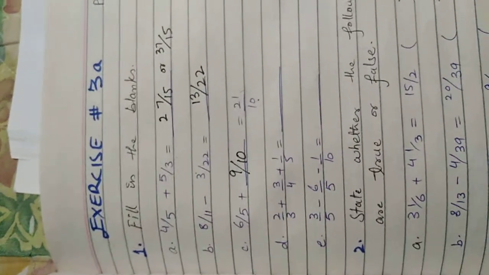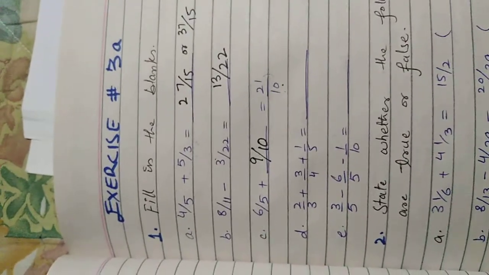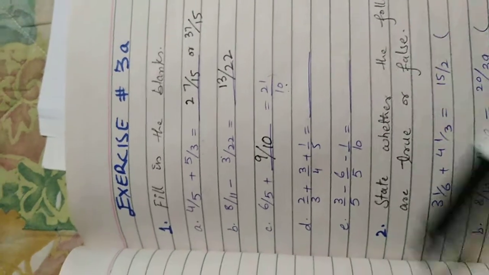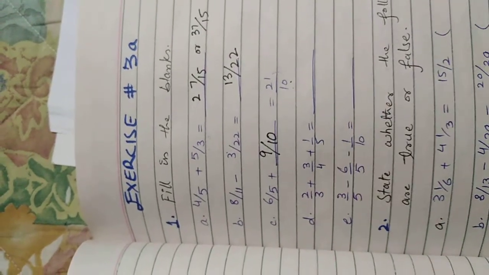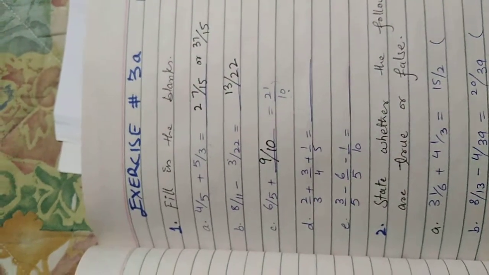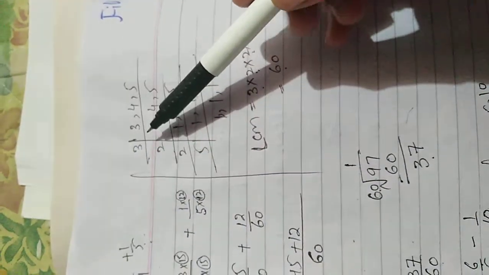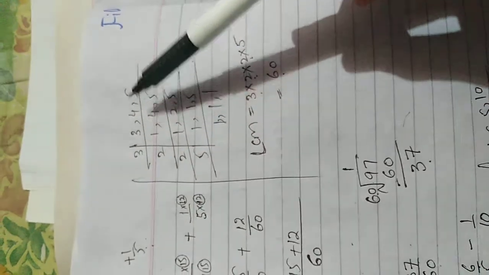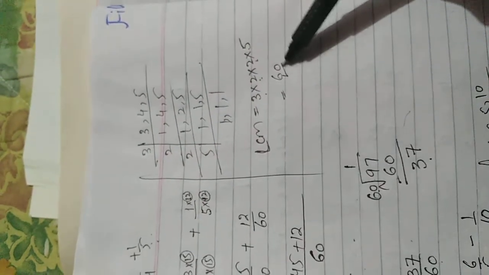Now part D is 2 by 3 plus 3 by 4 plus 1 by 5. First we will find the LCM of their denominators. LCM of 3, 4 and 5 is 60.